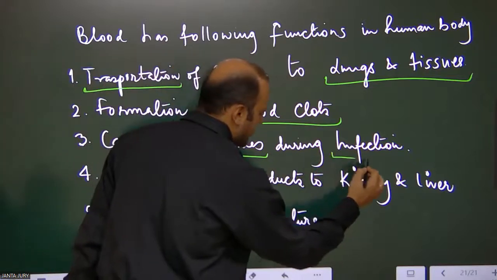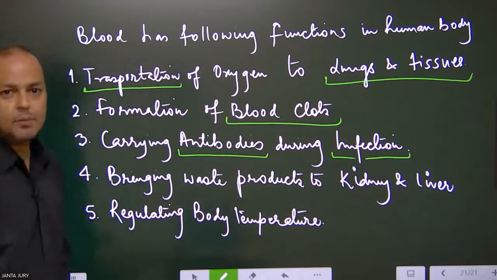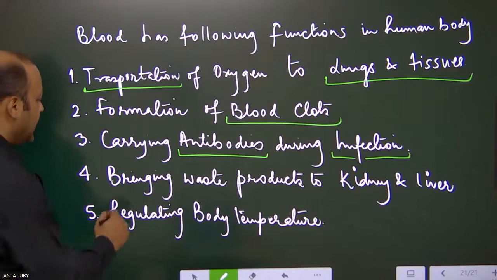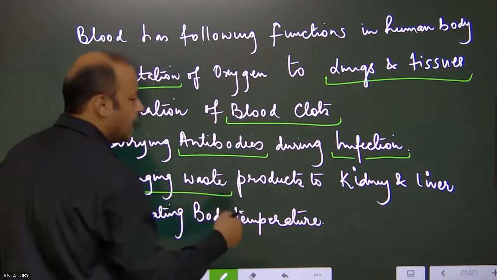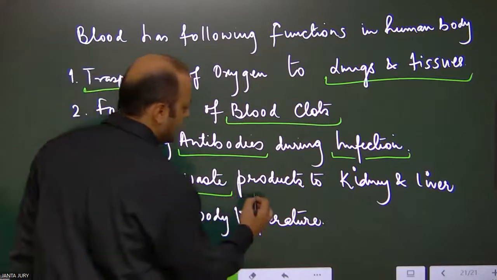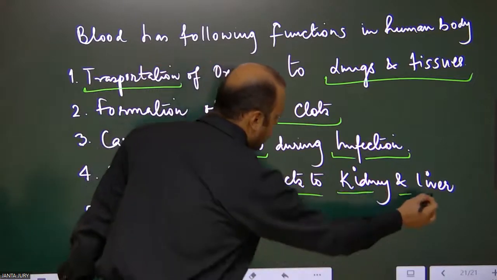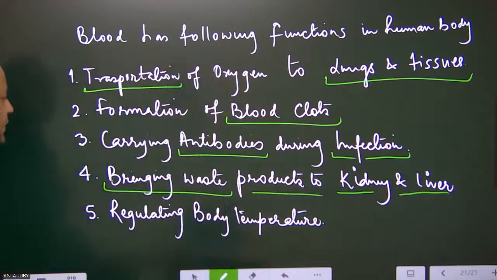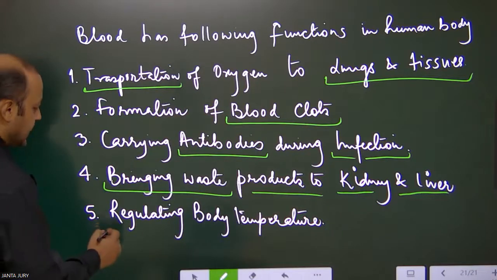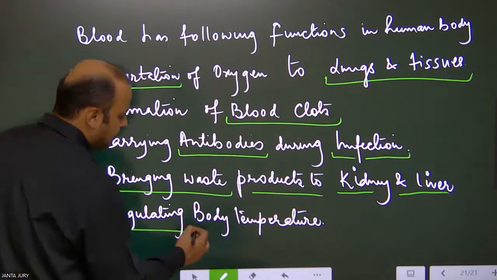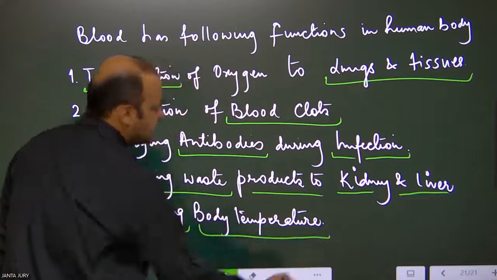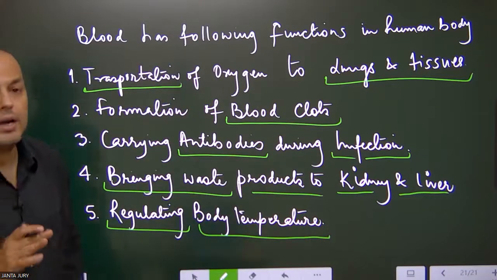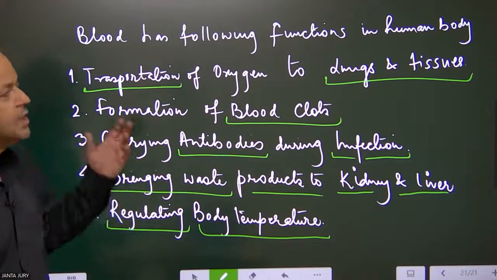Any infection needs antibody, the movement of antibodies, and bringing waste from entire body for the removal into kidney and liver, the channelization of the toxins, and regulation of body temperature. So these are the five very important functions of blood in human body.